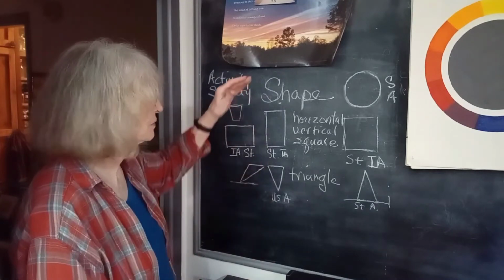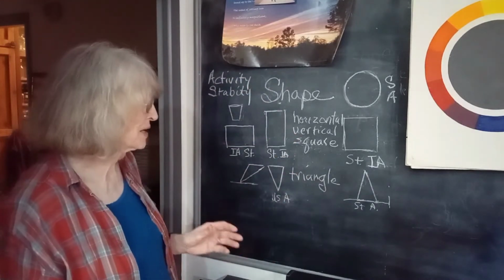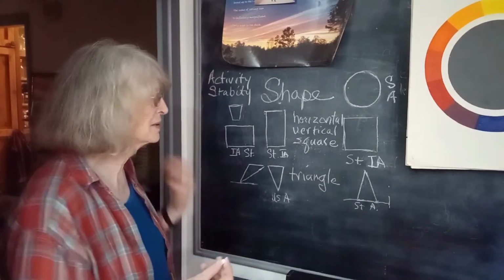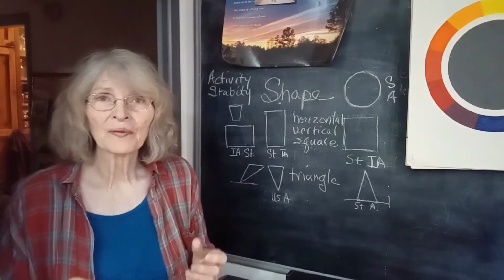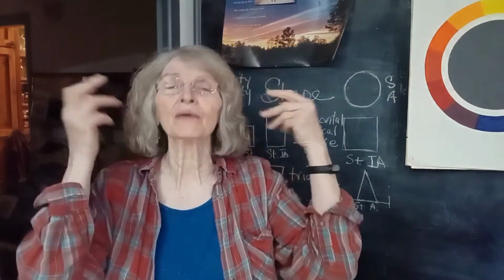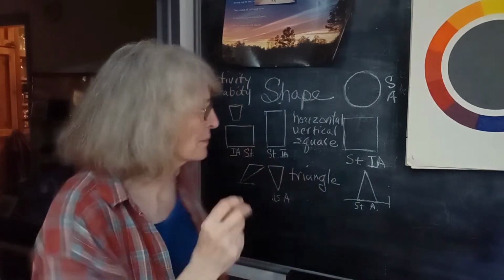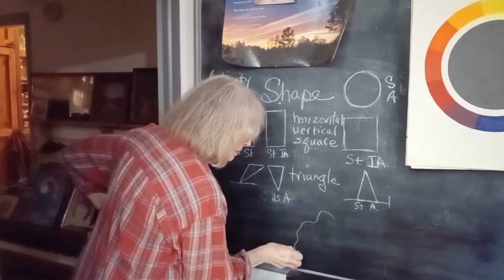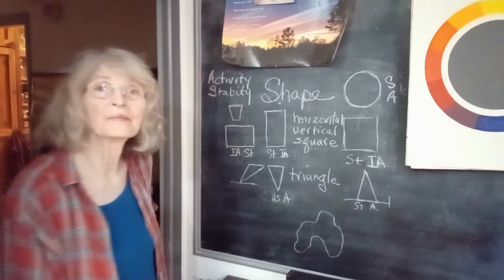So those 3 shapes are pretty geometric, it's pretty much cut and dried, but there's one more shape, and this shape really depends on how it's used and exactly what it is. It is a random shape.